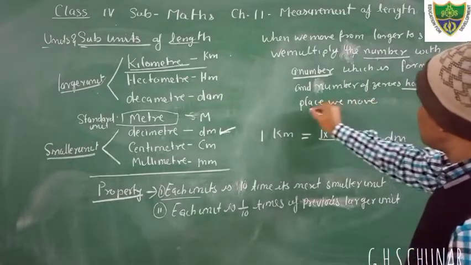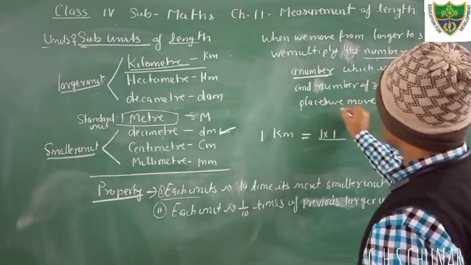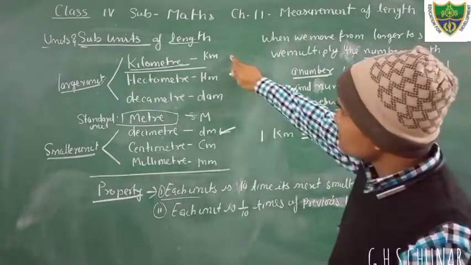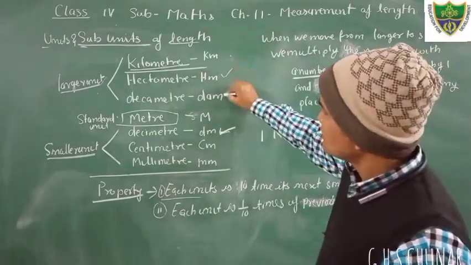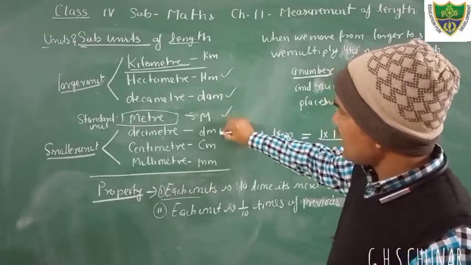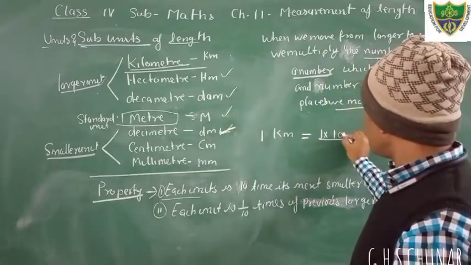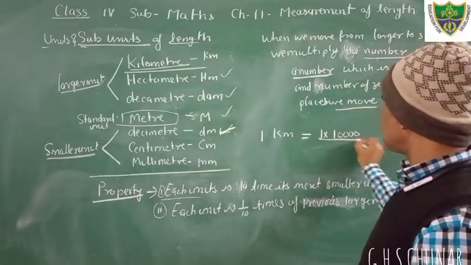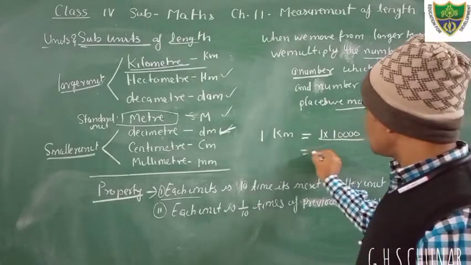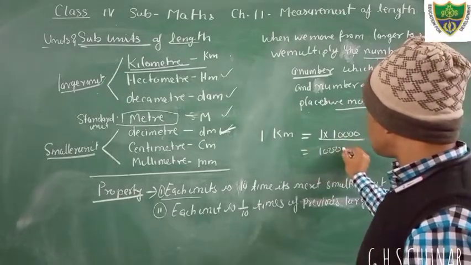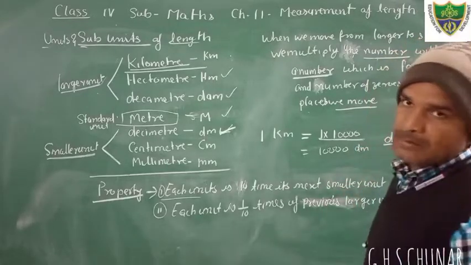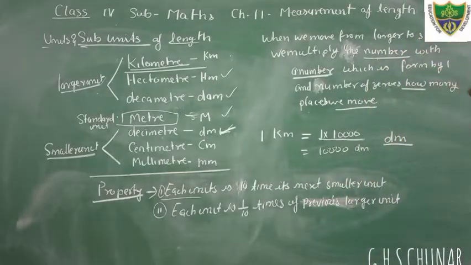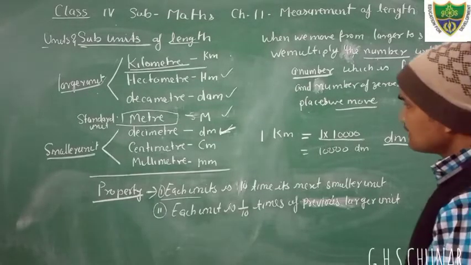How many places do we move from kilometer to decimeter? 1, 2, 3 and 4. So we multiply by 10,000. So 1 kilometer is equal to 10,000 decimeter.